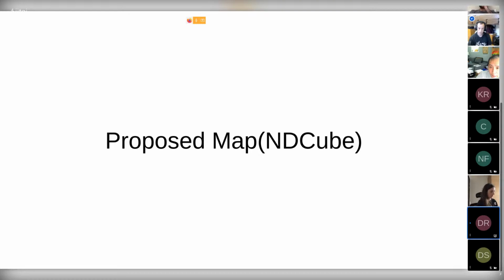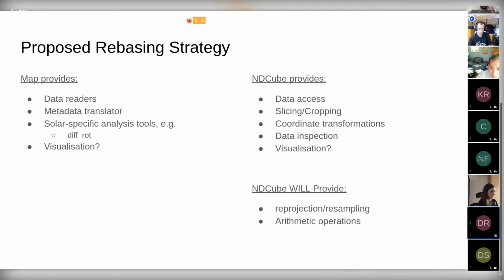So what does a map based on NDCube look like, and what needs to be done? Here's a strategy that I haven't run past anybody. So Stuart, or anyone else, if you've got some pushback or other ideas, this is where the discussion starts. My thoughts were that all, or at least most, of the axis-agnostic functionality can be provided by NDCube.